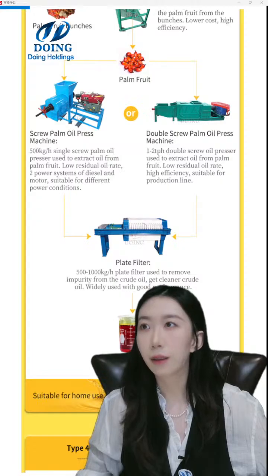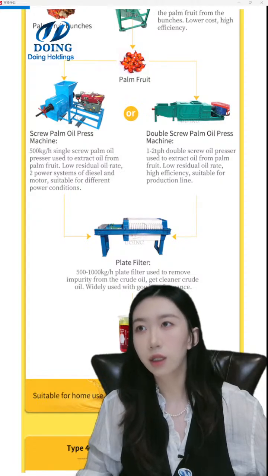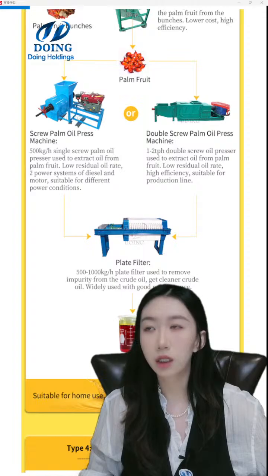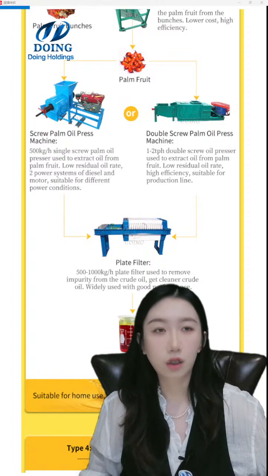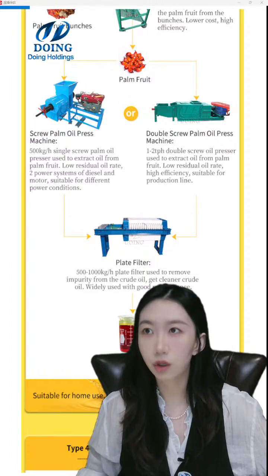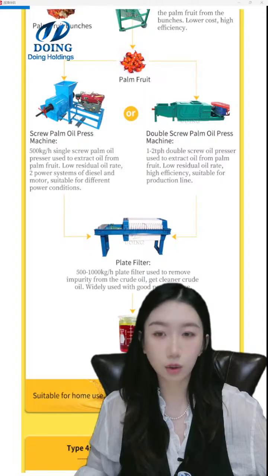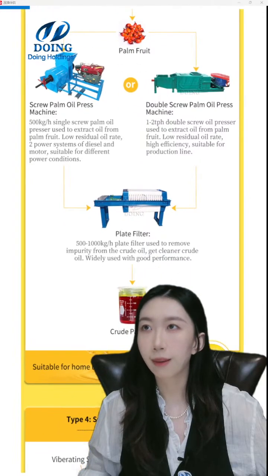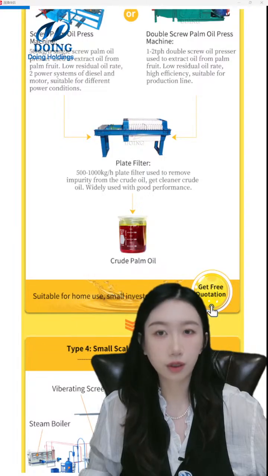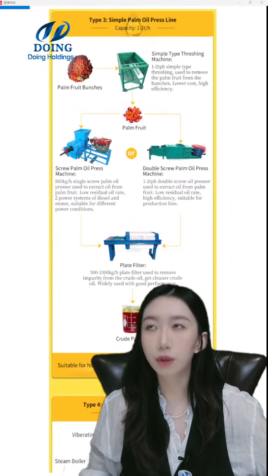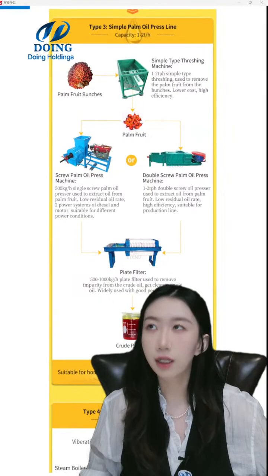And the other one, the double screw palm oil presser, the capacity is higher and it's suitable for a production line. The oil residual rate is lower. The last one is the plate filter. And this is a simple palm oil production line.